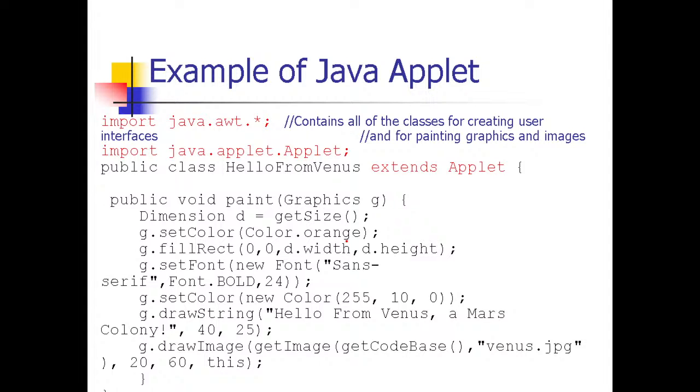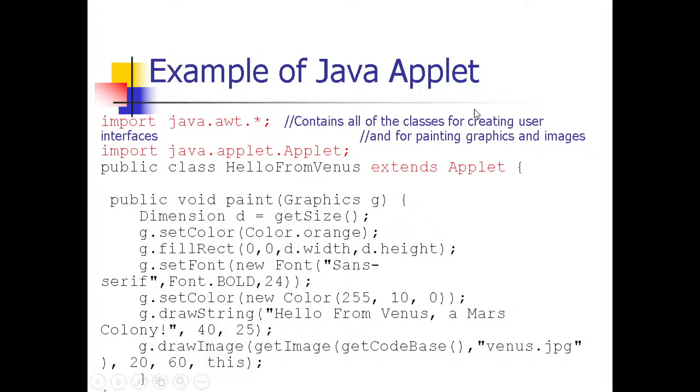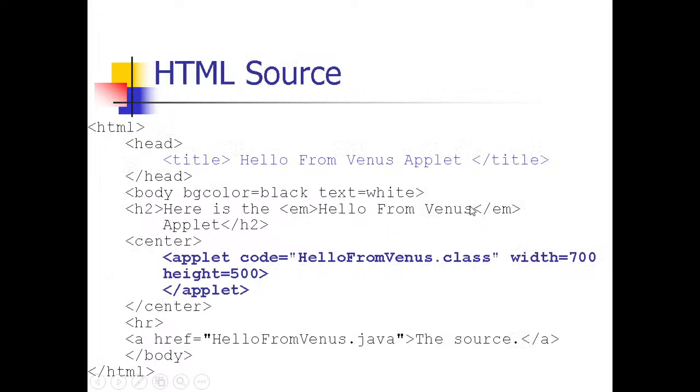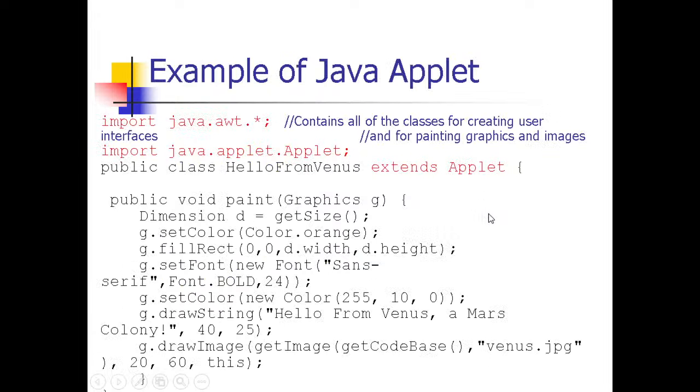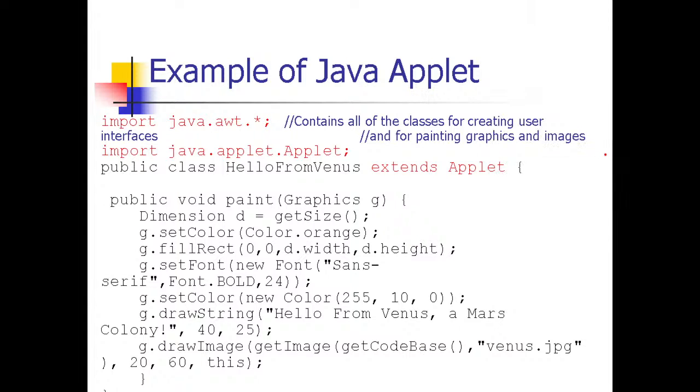Then g.fillRect, fill rectangle. For a rectangle, what do we have to give? For drawing a rectangle, if this is my rectangle, we need to give this point, that is 0, 0.